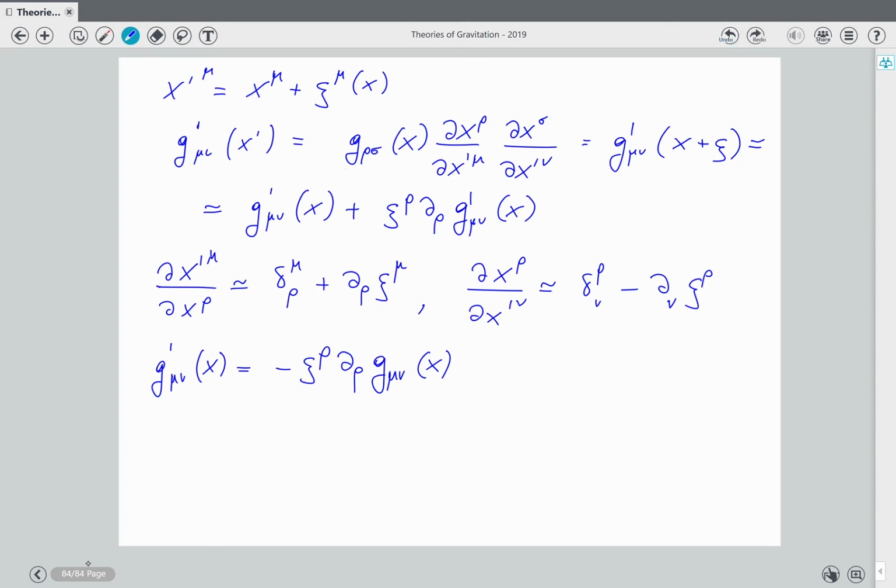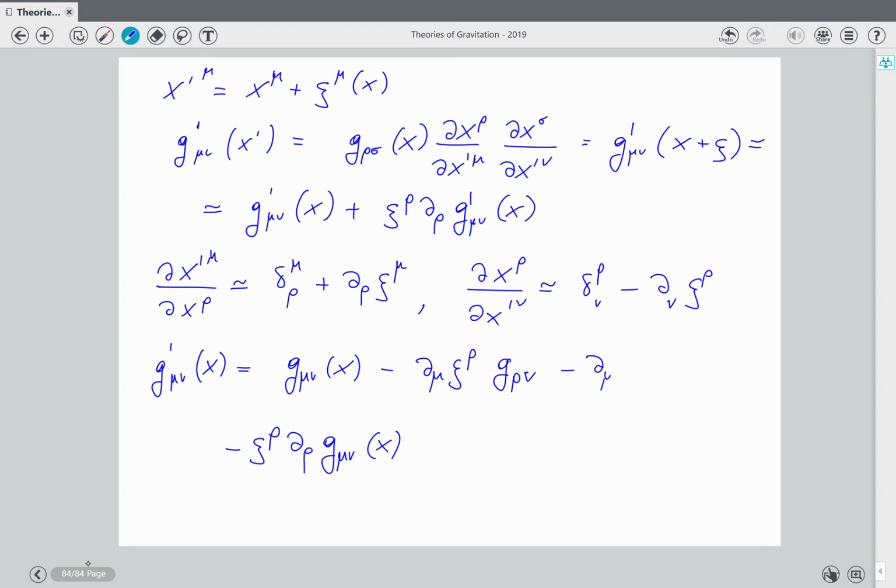The first contribution, by the way, we can say for last. Let's do first that. So there will be a delta for both that gives g_{μν}(x). And then there will be some minuses. You see minus ∂_μ ψ^ρ g_{ρν}. And then there will be the same with ν and ρ exchanged: minus ∂_ν ψ^ρ g_{ρμ}.